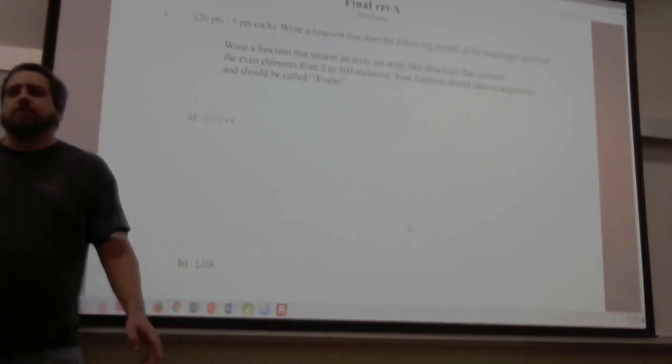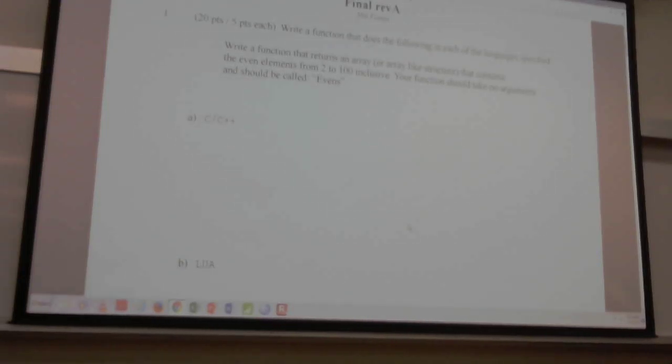How many elements are there going to be? 50, right? Because from 2 to 100, there are 50 even elements. It's not 51 because we don't include 0. So in C, you have to know how to do the return type. You're going to do int star evens, which takes no arguments.